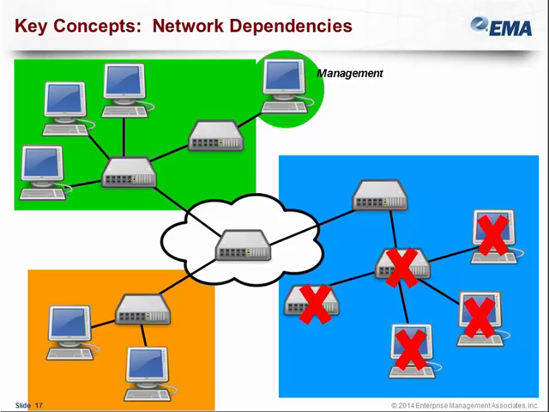Now, if I layer in the dependency information, this is the connectivity information, this is the path information, and I understand exactly how I am reaching and seeing each piece of managed equipment from my viewpoint in the management tier, I can see that there is a relationship between these various different elements.